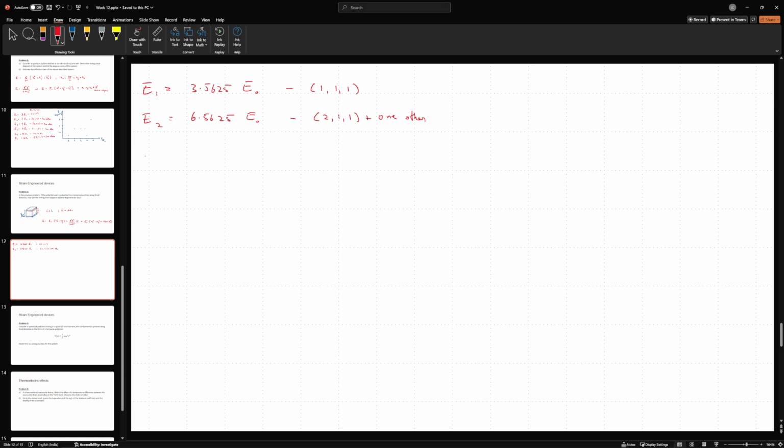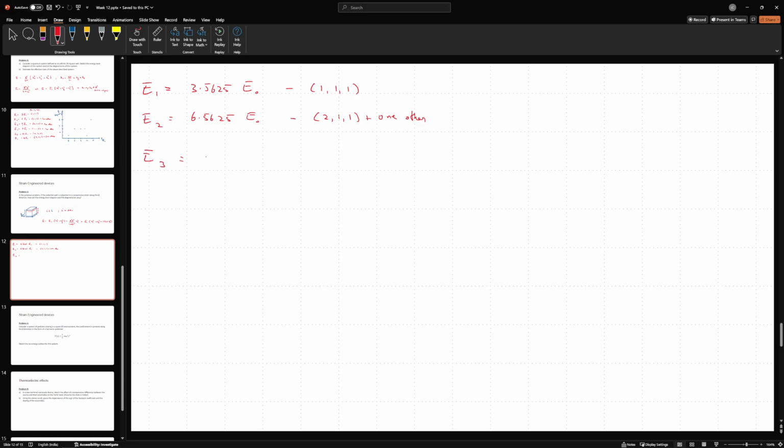And then the third lowest energy level is going to be, so 5625 is going to become what? Yes, it's going to be 3.125.